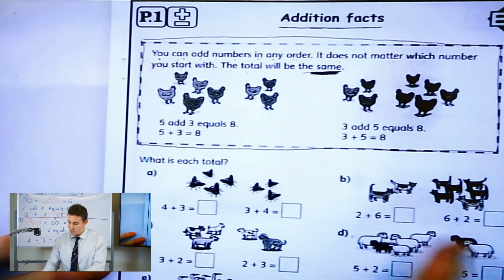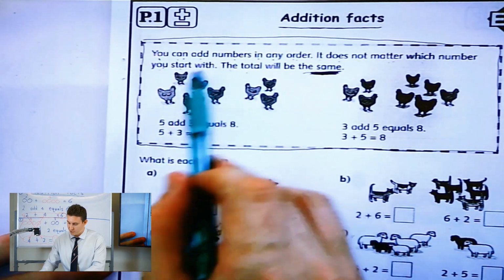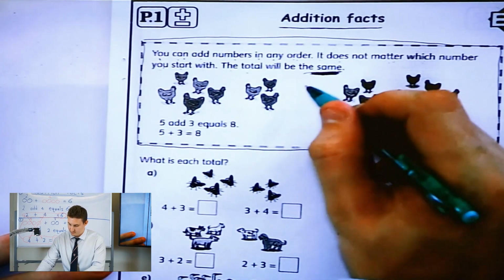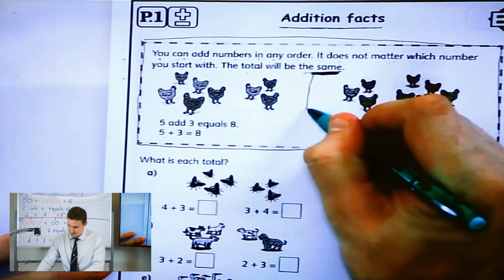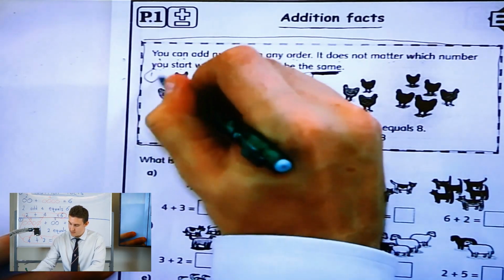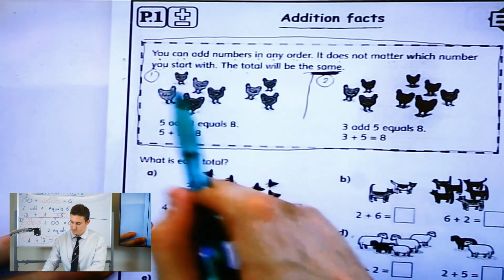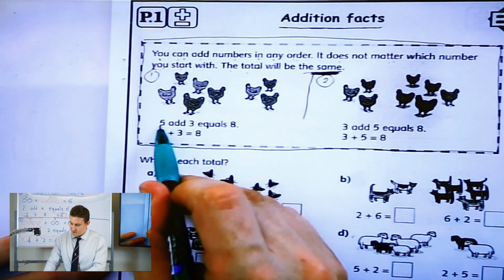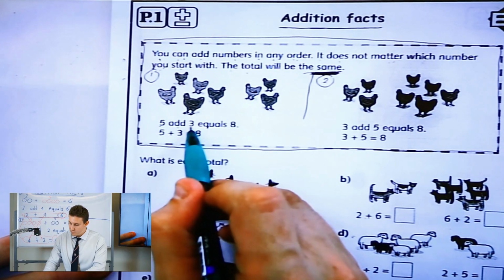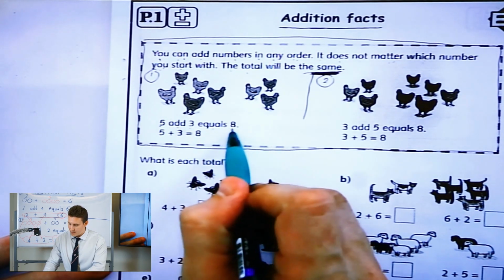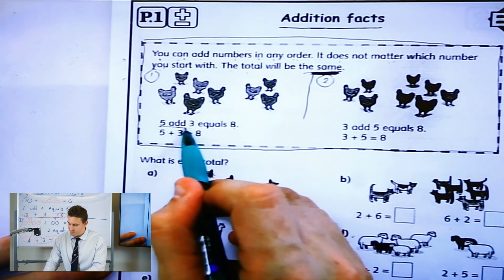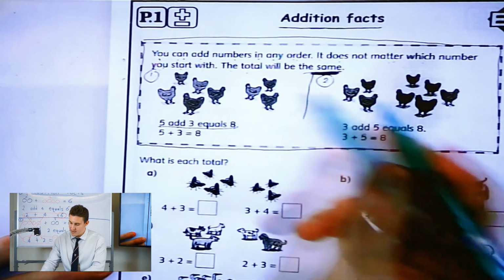So, let's look at the picture of the chickens here. Let's cut this in half. Okay, picture 1 and picture 2. Picture 1. So, it says 5 add 3 equals 8. So 5 add 3 equals 8.